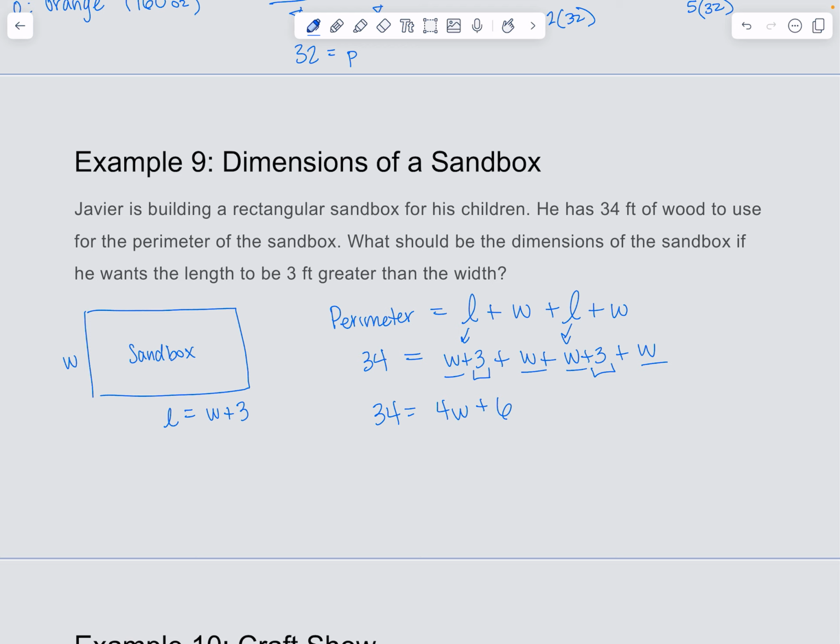Now we're going to work on isolating that W. So we will subtract 6, and whatever we do on one side, we have to do to the other. 4W equals 28. Then we divide by 4, and we are left with W equals 7.